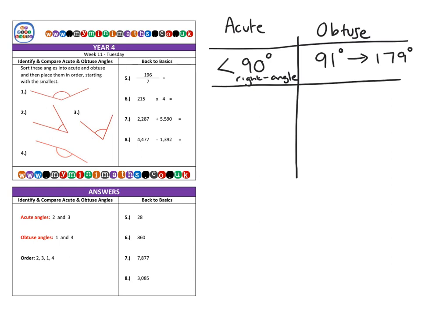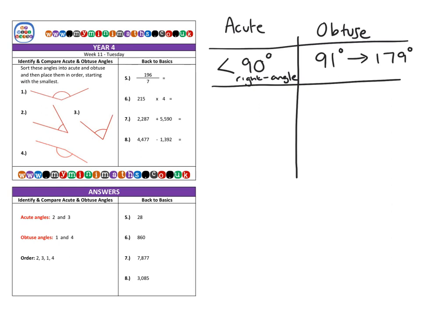Okay, so what we'll do is we'll look at each of the angles in turn, starting with angle number 1, and we're going to decide whether it is smaller or bigger than a right angle. And we can use lots of things to help us here. Right angles are everywhere. They're everywhere in our classrooms, in our bedrooms, at home.